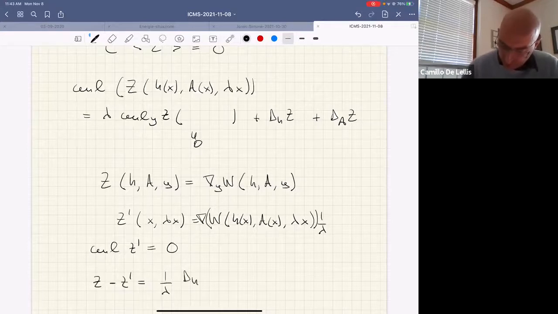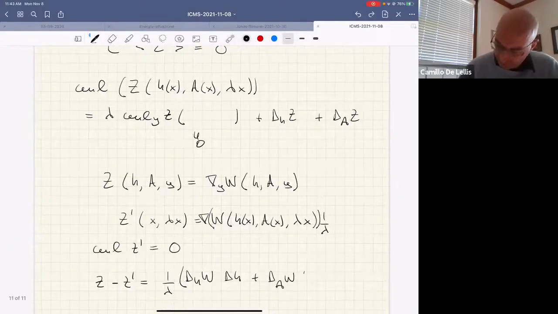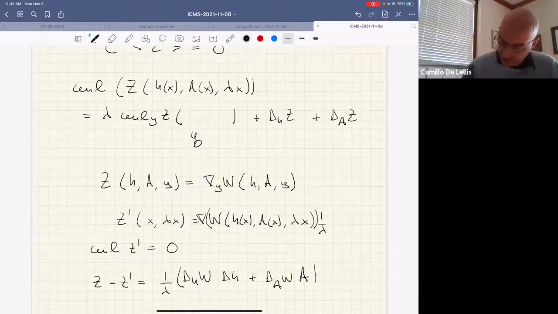So here I'm going to have something which depends on the H of W, multiplied by H, and then something which depends on the A of W, multiplied by A. Here is where you see the 1 over lambda popping out in Nash.